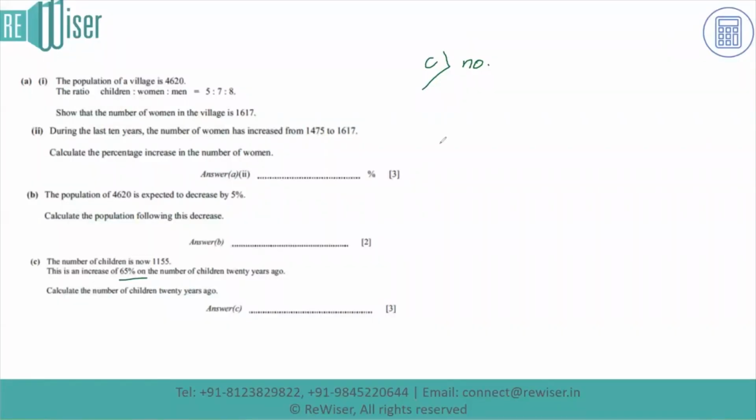The number of children 20 years ago, I'm going to take as just X. That is something that we need to find, and this would act as the original value. Most of us will make a mistake by finding 65% of 1155, then subtracting it from 1155. That is something that we should never ever do.